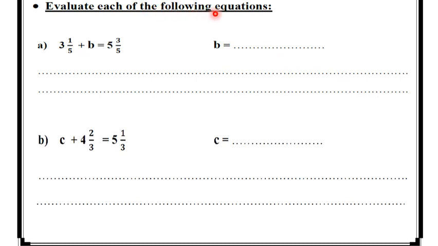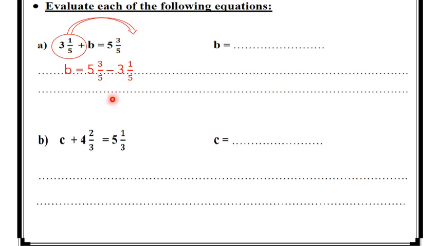Evaluate each of the following equations. In the first example, we have 3 and 1 over 5 plus b equals 5 and 3 over 5. Here the variable is in the middle and the variable wants to be alone, so I will take 3 and 1 over 5 to the other side by opposite sign. So I'm going to write 5 and 3 over 5 minus 3 and 1 over 5.